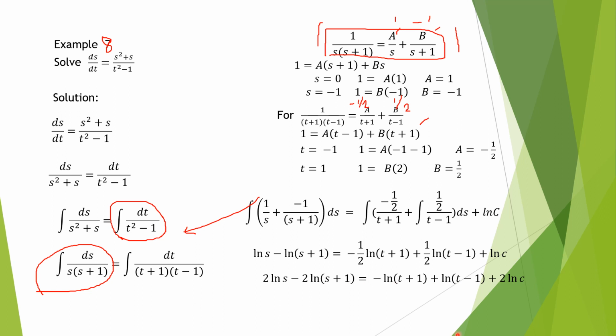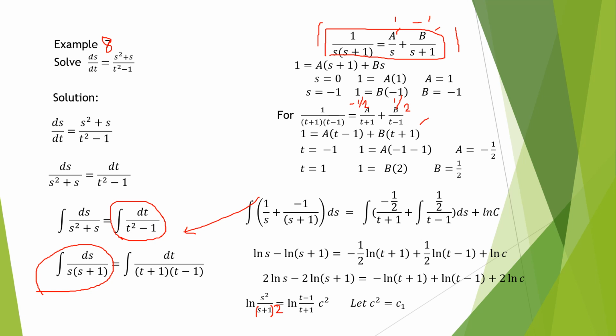So simplifying, we have ln of s squared over s plus 1 squared, because of that factor 2 in 2 ln of s plus 1.